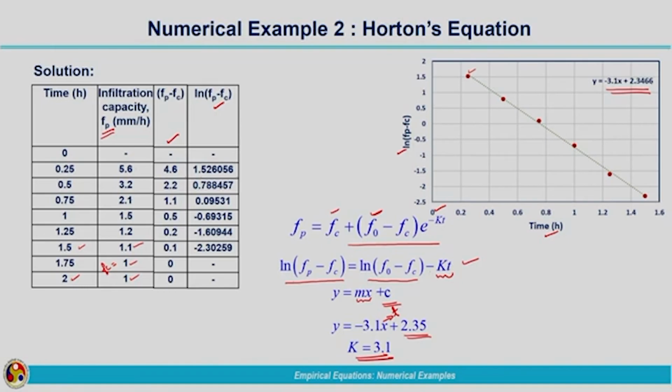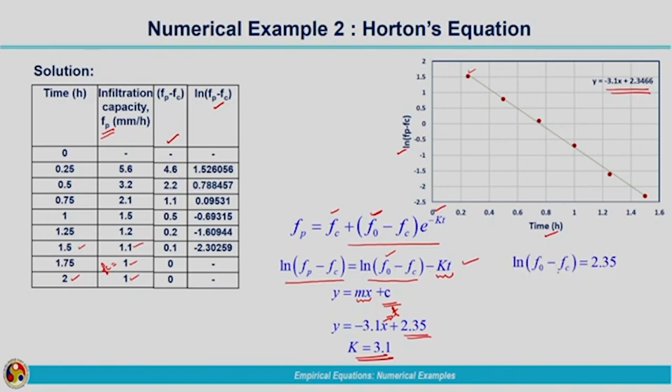So, from the graph, after fitting the straight line, directly we will get the value corresponding to exponential constant k, that is 3.1. Now, coming to the value f naught. For that we are having ln(f naught minus fc), which is the intercept of the graph. Intercept is nothing but 2.35.